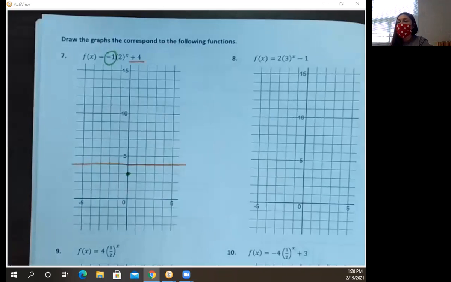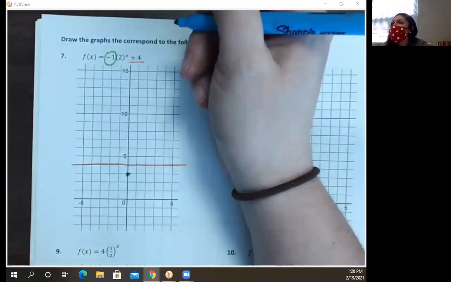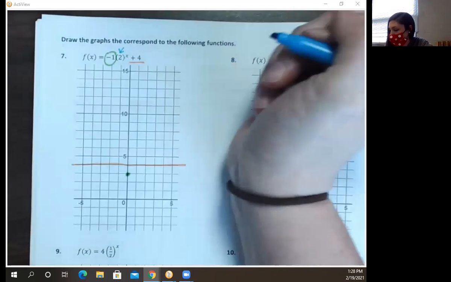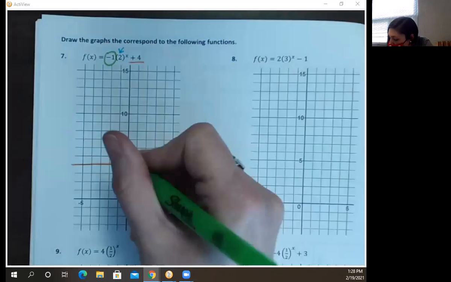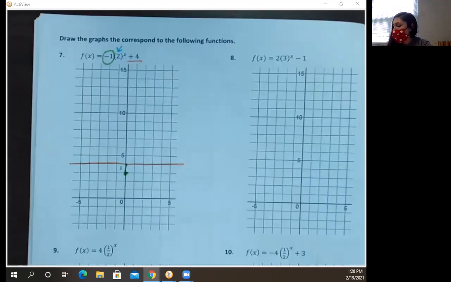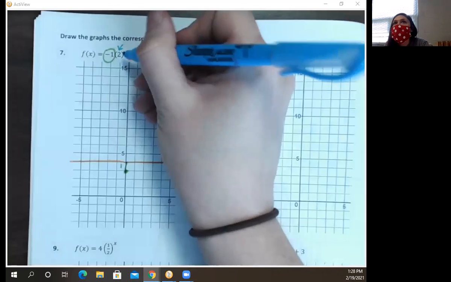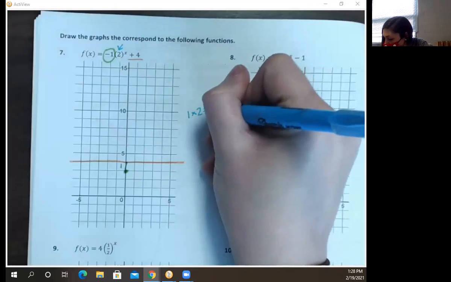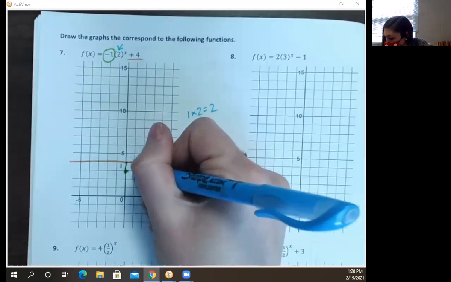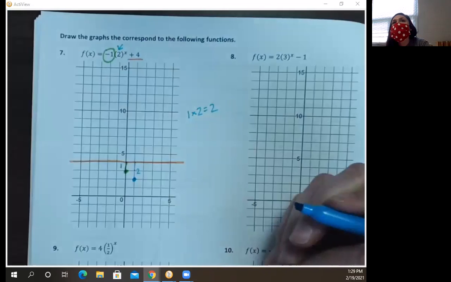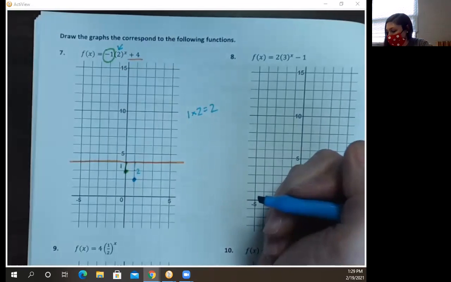And then the last thing I need to know is what are some more points on this graph? So to find more points, I need to know how I'm changing this distance. So we're starting with the distance of 1. And then this is telling me to multiply by 2. So 1 times 2 gives me 2. So my next distance should be 2. My next point should be 2 units from the asymptote.